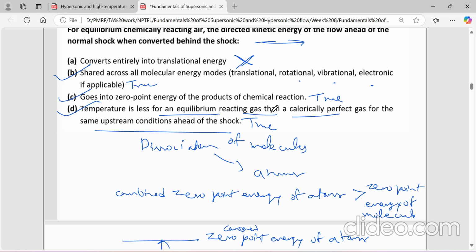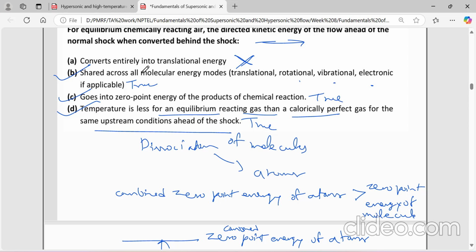So the reason for this, you can see that B and C are the reason. The kinetic energy of the flow, which is ahead of the normal shock, will be shared among all the molecular energy modes, and some will go into the zero point energy of the product.